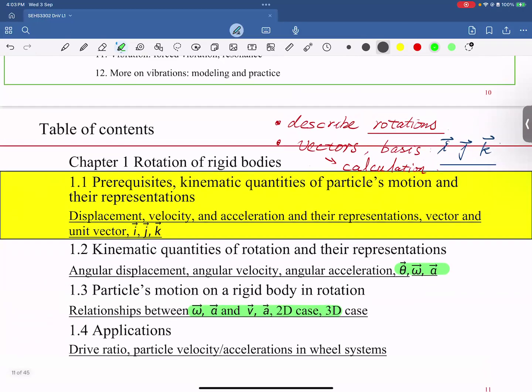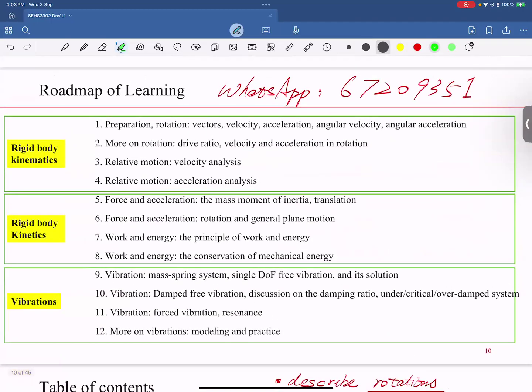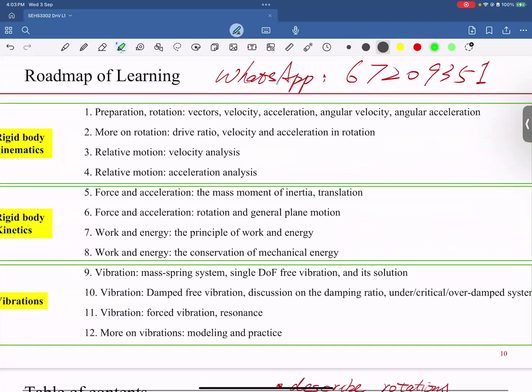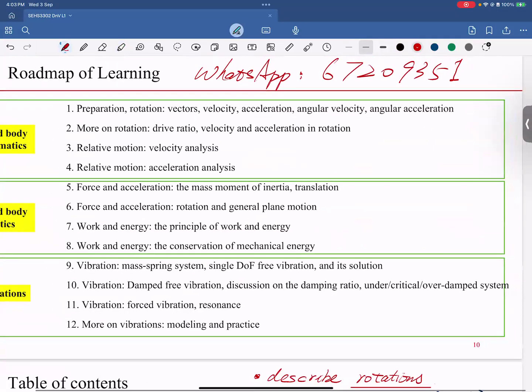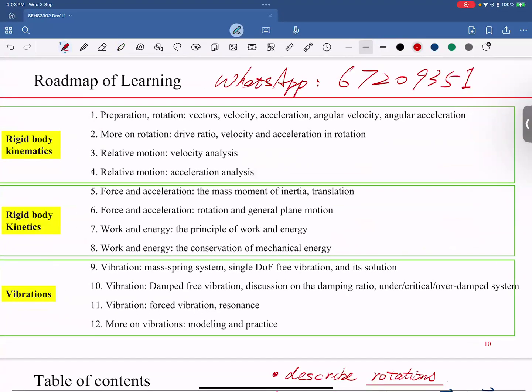Okay, before we start, I need to go into detail to give a brief introduction of the whole structure. Why do we call it a tree? For the rigid body, it has motion, and because it is not a point, the motion has two components.